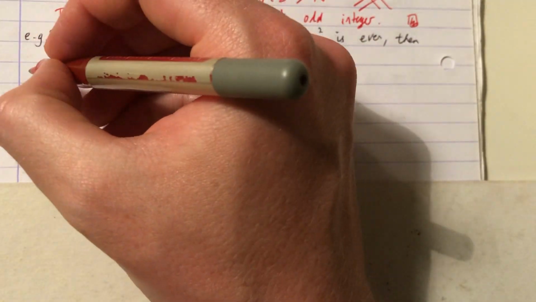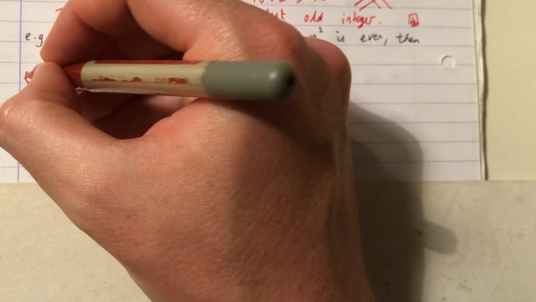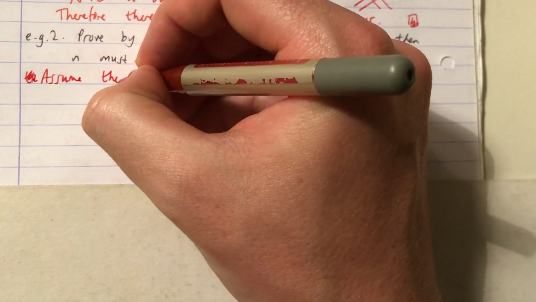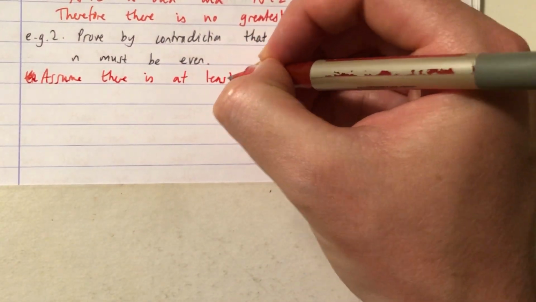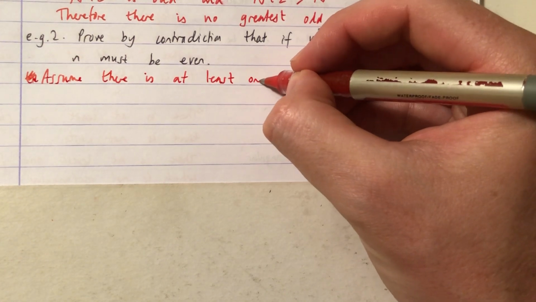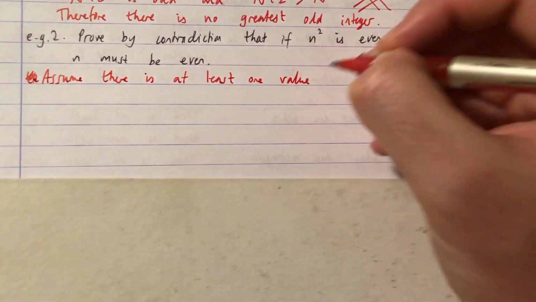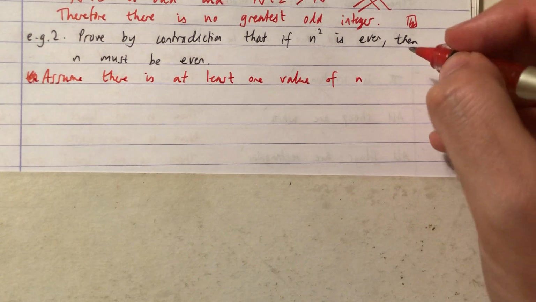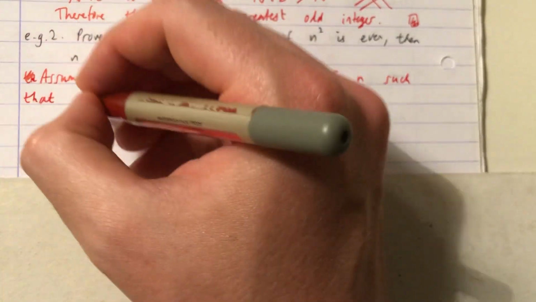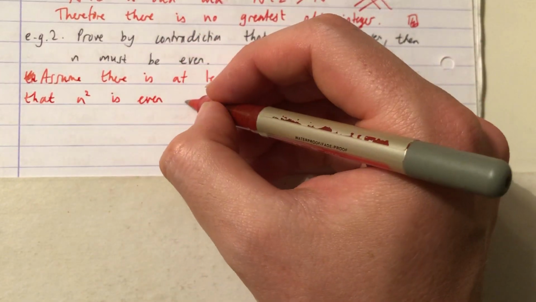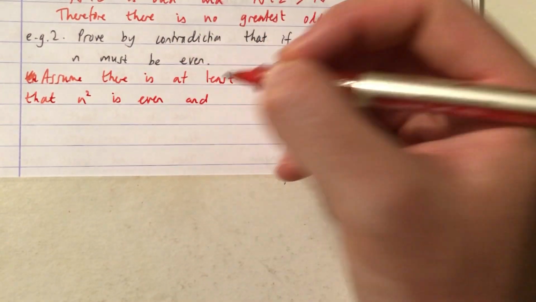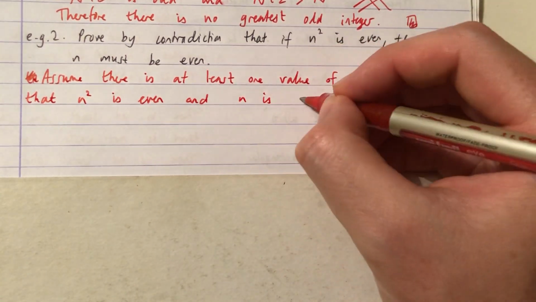So we're going to assume that's true. So assume there is at least one value of n such that n squared is even and n is odd.